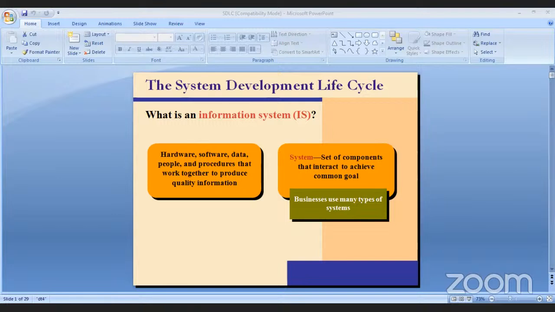And you'll be surprised to know that business uses different types of systems. Education has one system, health has one system, but business has many systems, as I told, subsystems: finance, marketing, HR, production. So many subsystems it will use.